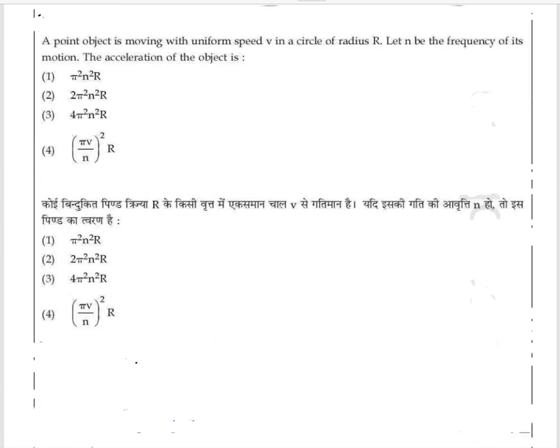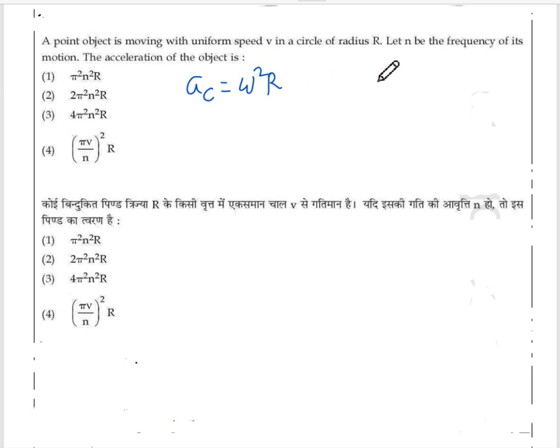A point object is moving with uniform speed v in a circle of radius r. If n is the frequency of its motion, the acceleration of the object is given by which option? As we know, when an object is moving in a circular path, the acceleration formula is omega square r, where omega is its angular velocity.